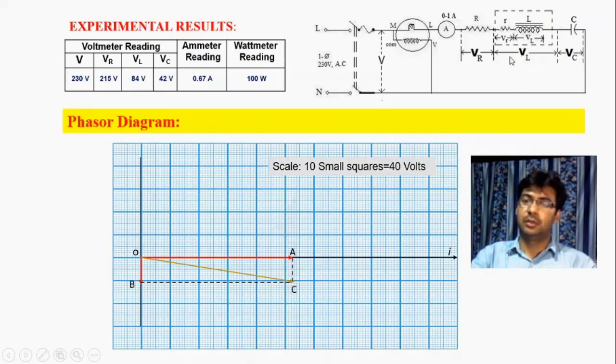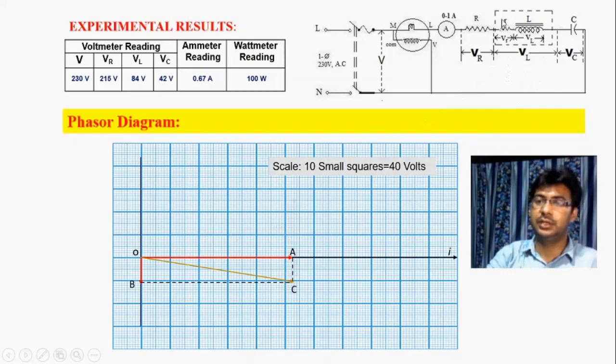Therefore, the voltage VL will not lead the current by angle 90 degree. The angle will be slightly less than 90 degree because of this internal resistance of the choke coil. Therefore, we have to proceed in a different way to draw the VL phasor.